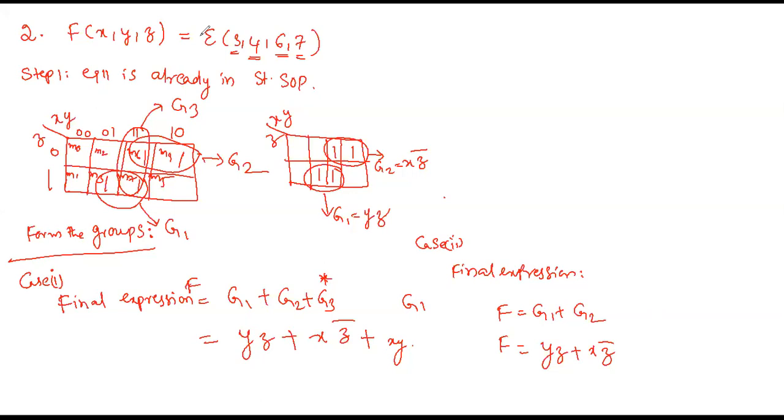We will look at the truth table for both final expressions. X, Y, Z, case 1 expression F, case 2 expression F. With 3 variables, we will get 8 minterms.